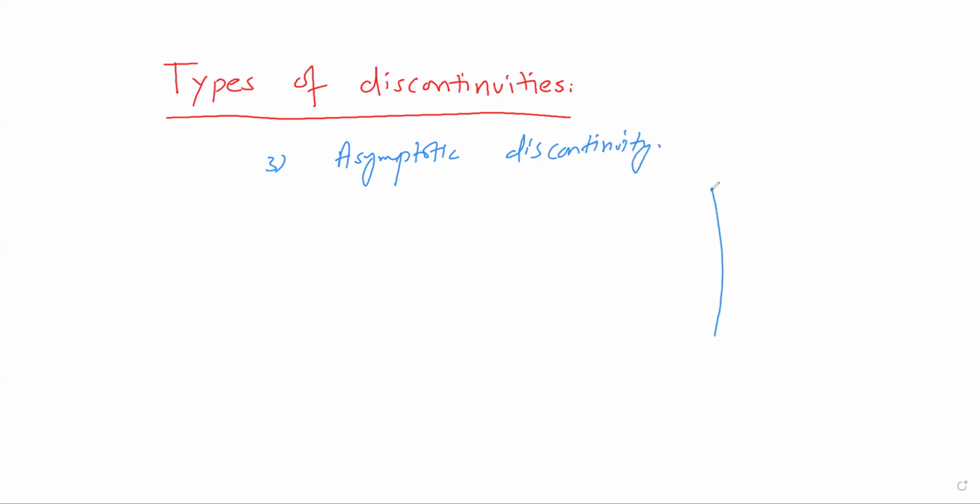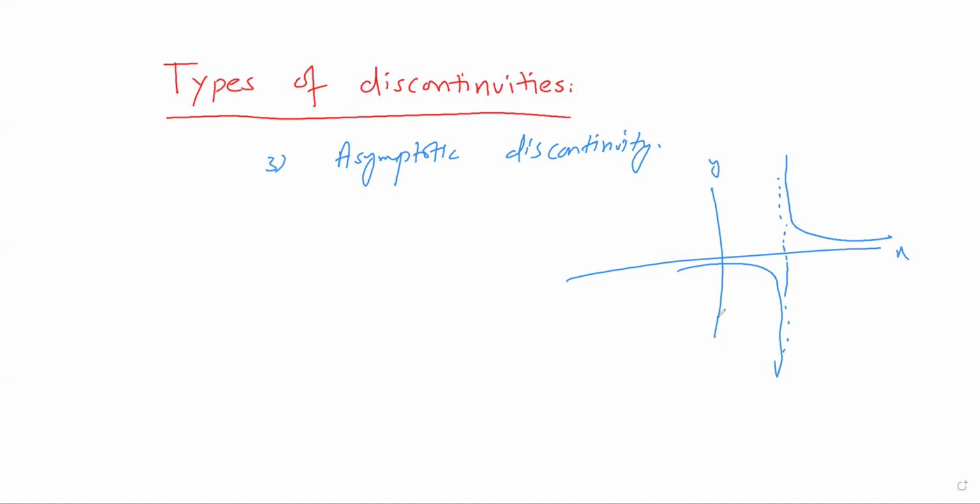So there is an asymptote like this, let's say here, and we have a function like this and like this. By drawing this function, I need to pick up my pencil as well. So this is also a discontinuity.